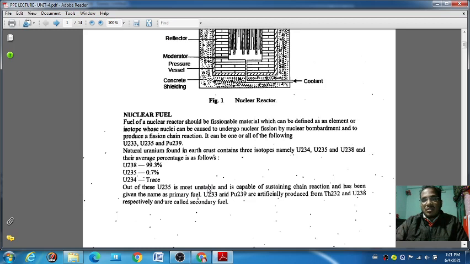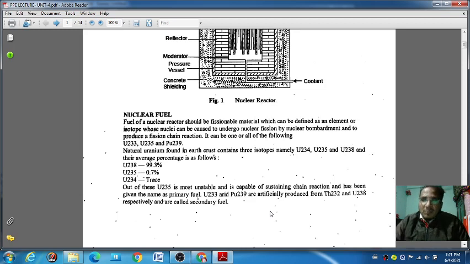So what is nuclear fuel? Nuclear fuel is the fuel that works in the nuclear reactor to form heat energy, and it undergoes nuclear fission by nuclear bombardment.